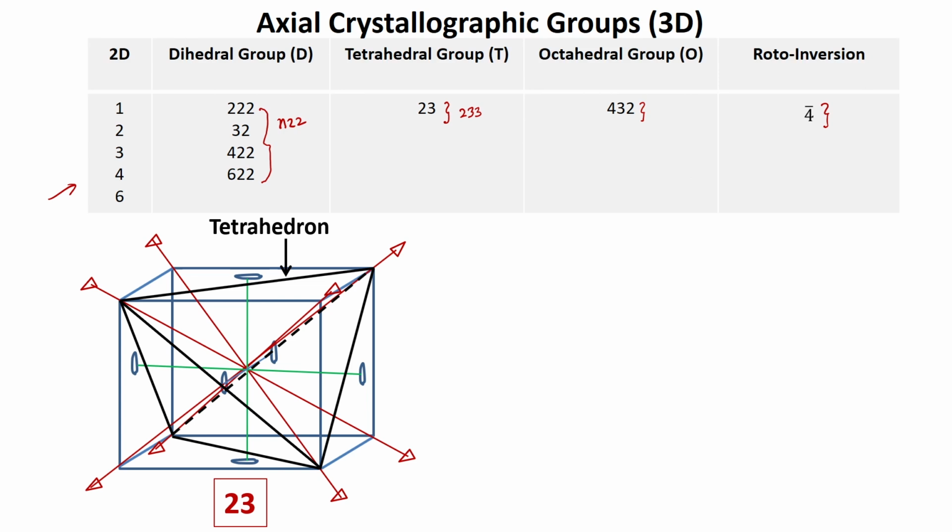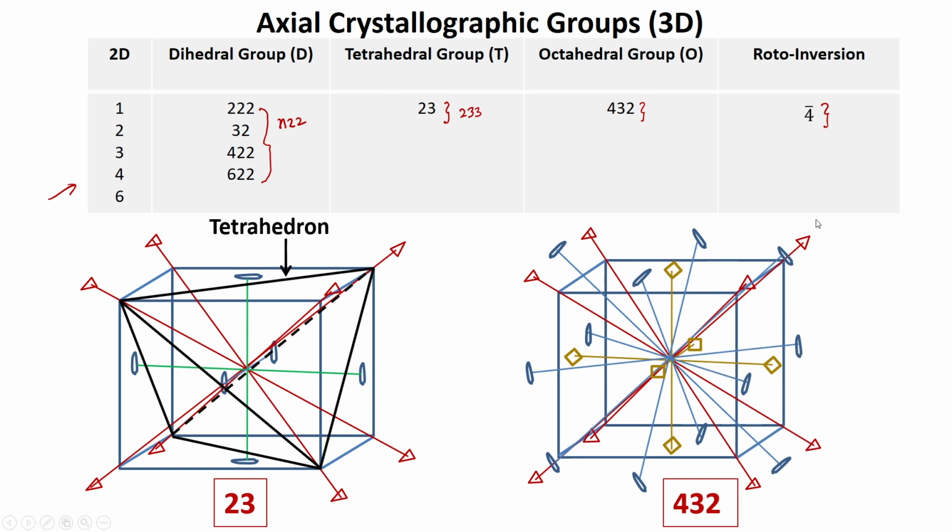Now, coming to the octahedral group, let us look at how the symmetry is distributed in the cube for 432. Well, for 432, as in the case of the tetrahedral group, the three-folds are along the body diagonals, the four-folds are perpendicular to the cube faces, and the two-folds join the midpoints of opposite edges of the cube.